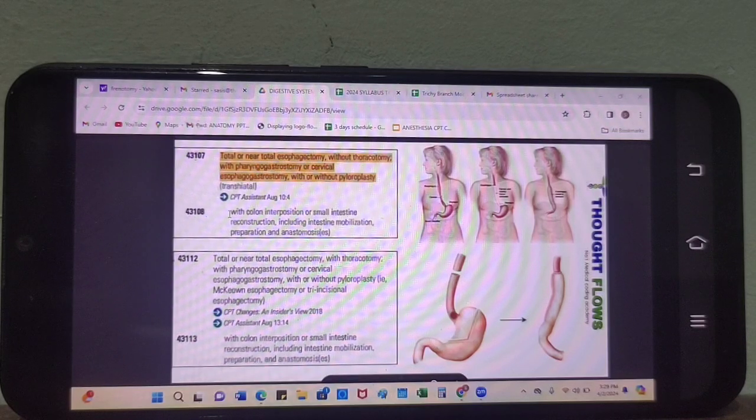So along with that, if a provider, see that in this image, the doctor cuts the esophagus and the rest of the part, that means the doctor removes the esophagus. This is a near total. 85% of the esophagus has been removed. 80% of this is a near total.